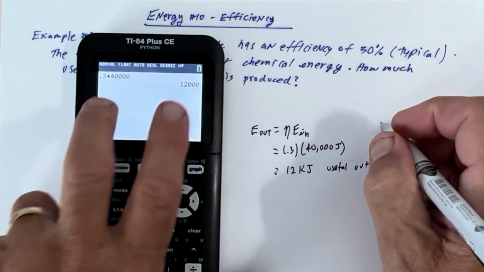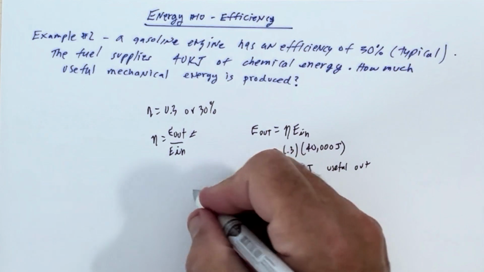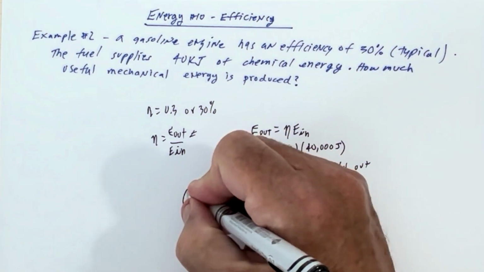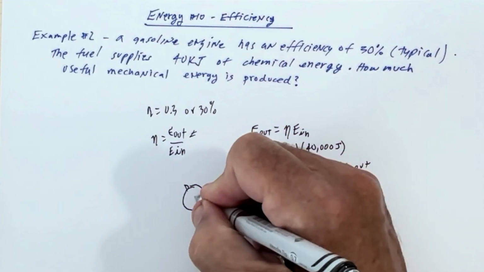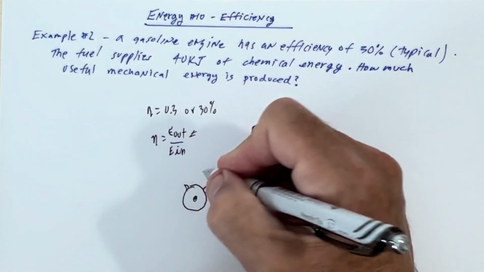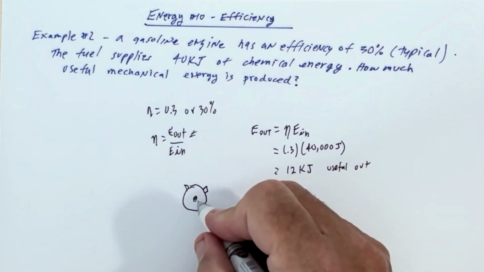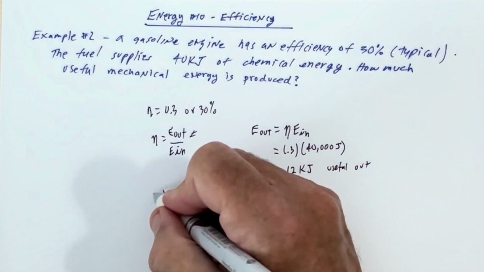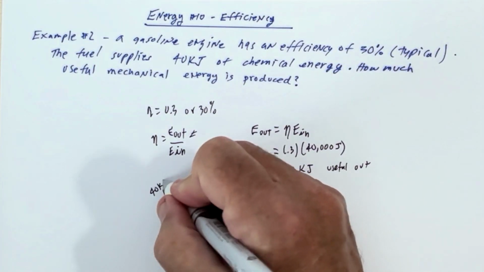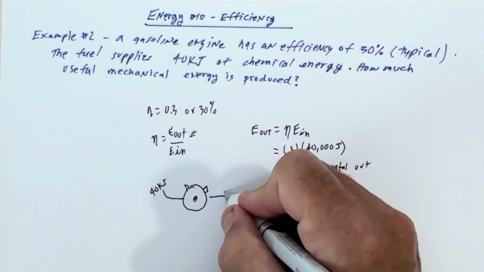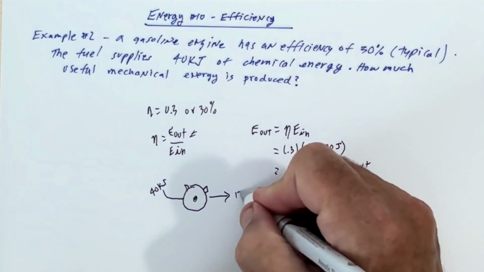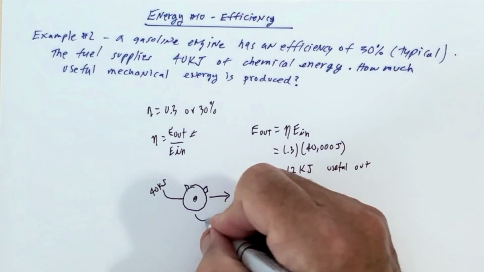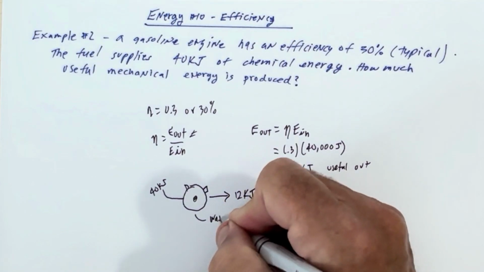output. So if we do a little diagram of this, here's our gasoline engine. I'll put some little pistons on it. This is our gasoline engine, and we've got the gas coming in here. So we've got 400 kilojoules coming in, and then we've got 120 kilojoules going out. So where did the rest of it go? It goes in the form of wasted energy.